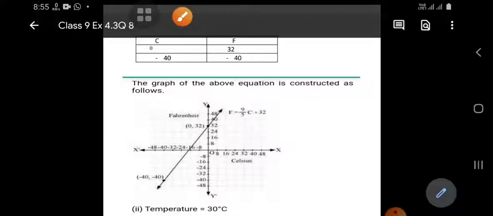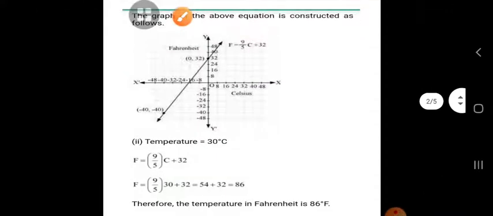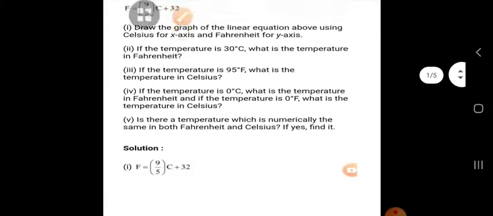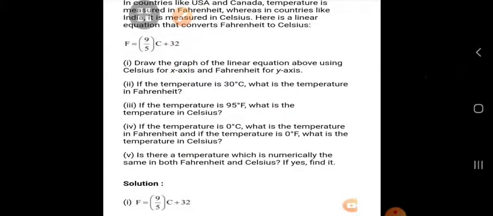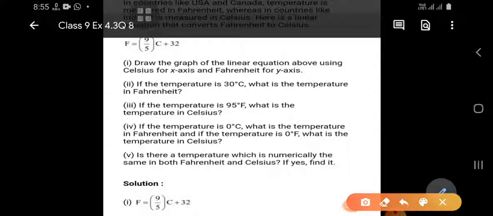Now we come to question number 2. It says that if the temperature is 30 degrees Celsius, that means C is given here. What is the temperature in Fahrenheit? You have to find out F. The value of C is 30 degrees.